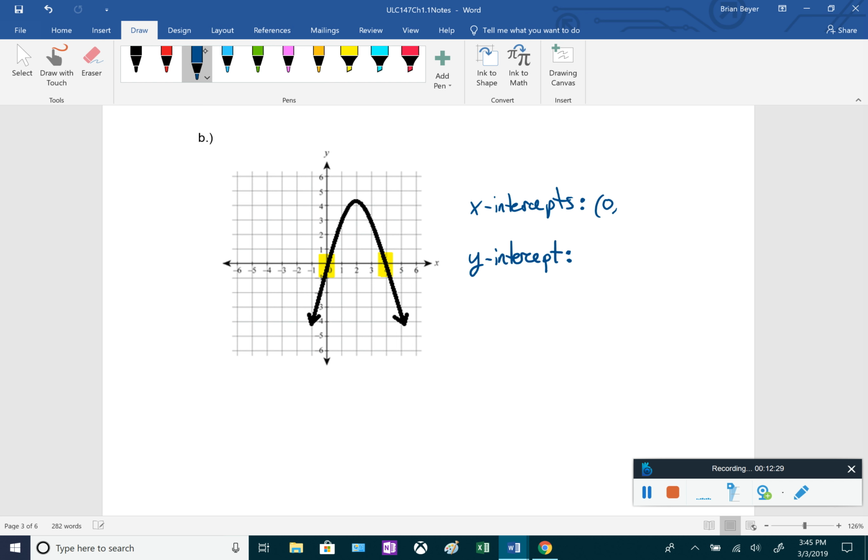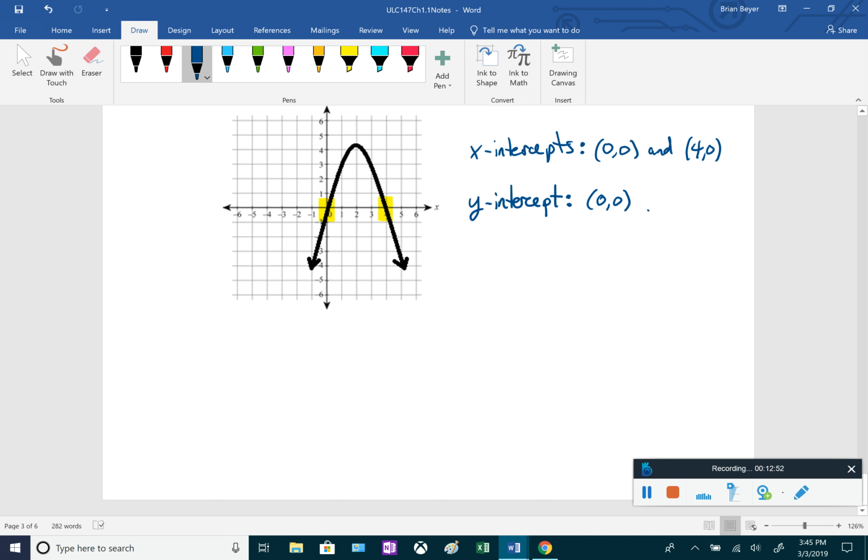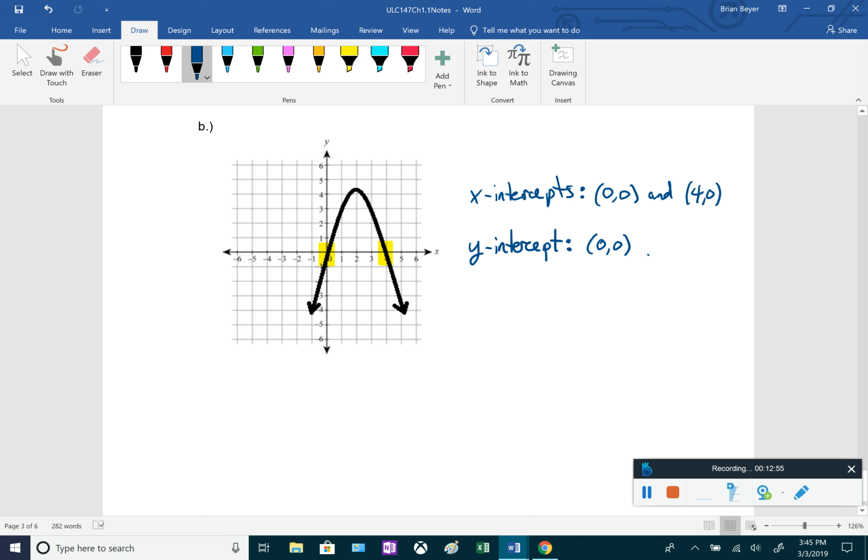That's going to give us 0, 0 and 4, 0 for the x-intercepts. The y-intercept, once again, is at the origin. So that's going to be 0, 0. If it's crossing at the origin, that's going to be an x-intercept and a y-intercept. Okay, so that is it for section 1.1.